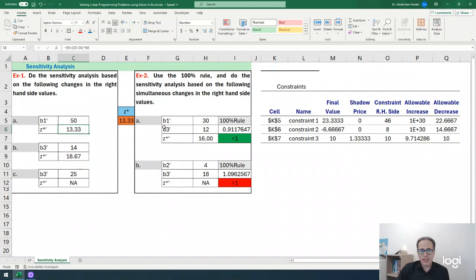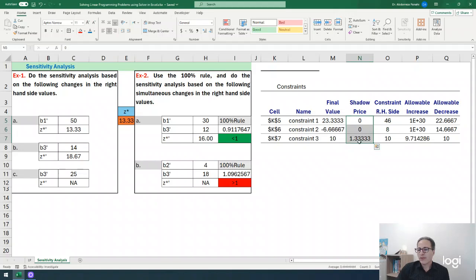And while the changes are in the allowable range for the increase or decrease for one right hand side, or in case of more than one change, the 100% rule is less than 1, you can do the changes in this Z star and find Z star prime based on the shadow prices.